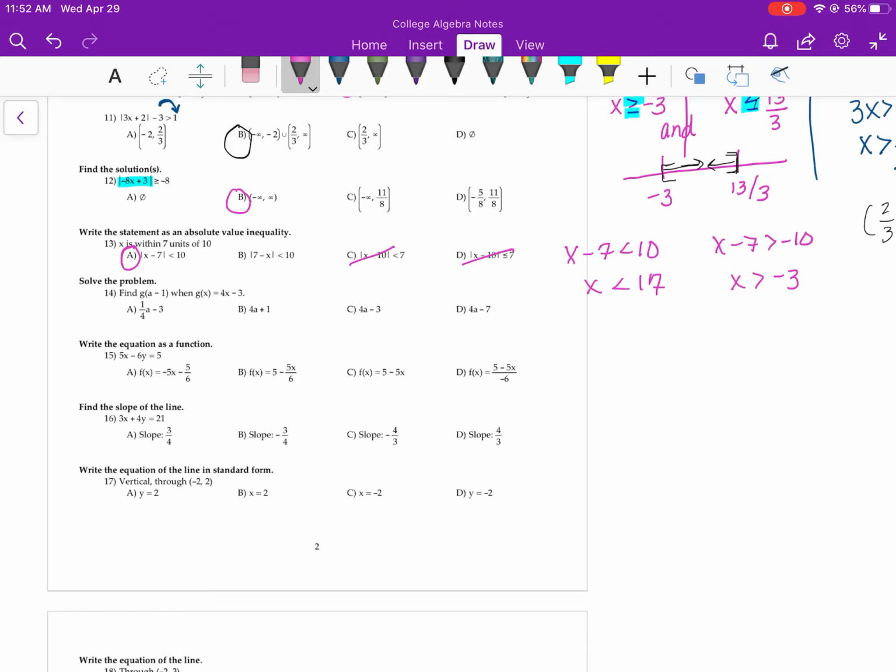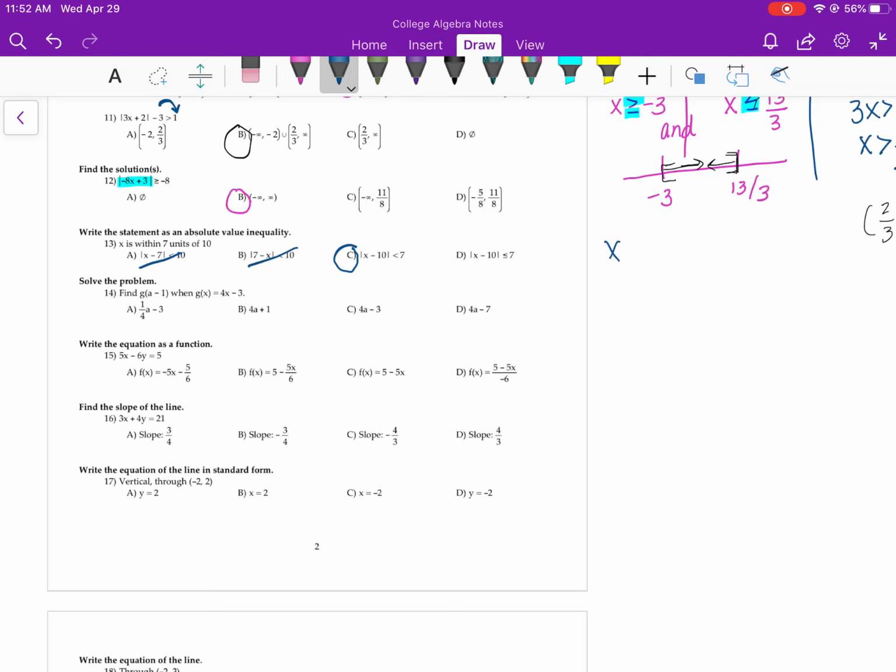Oh, I am backwards. All right, let's just do that over again. Sorry guys, it's been a little while on that one. Okay, within 7 units means I want to be up or down 7, so I do need to switch that. So I guess I just showed you a good way to problem solve to make sure you're correct. Within does not include the equal to, so we're going to go with C.